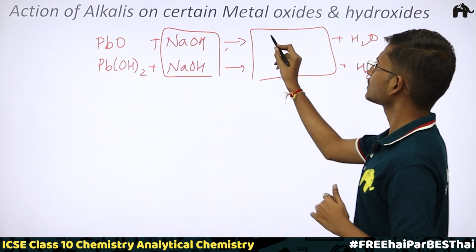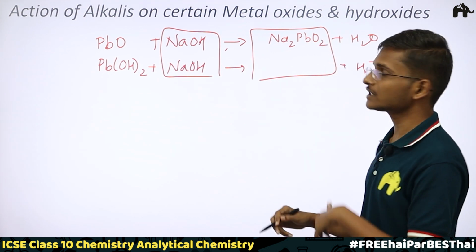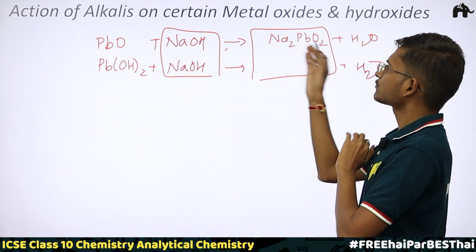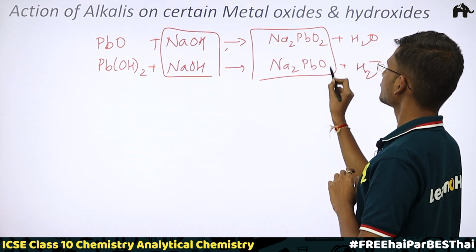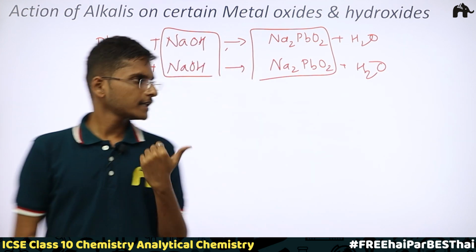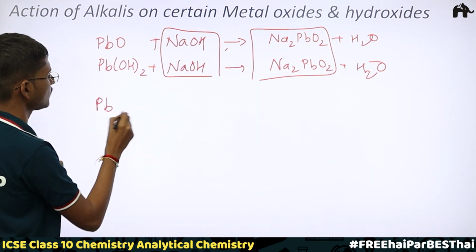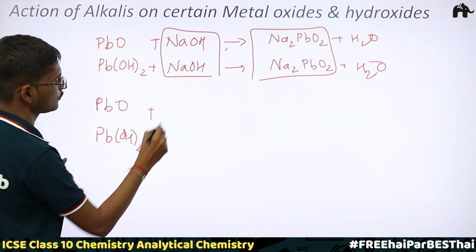So what salt would it form? Sodium plumbite, Na2PbO2, just like Na2ZnO2, it is forming Na2PbO2, sodium plumbite. Very simple in both the cases. And now lead oxide and lead hydroxide with KOH.